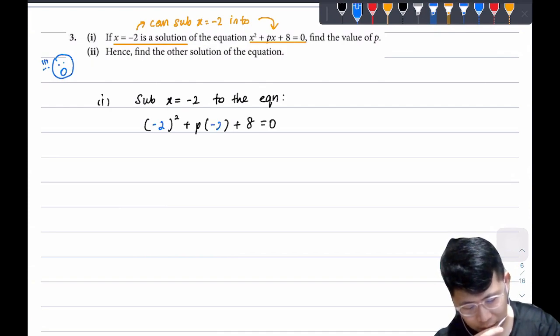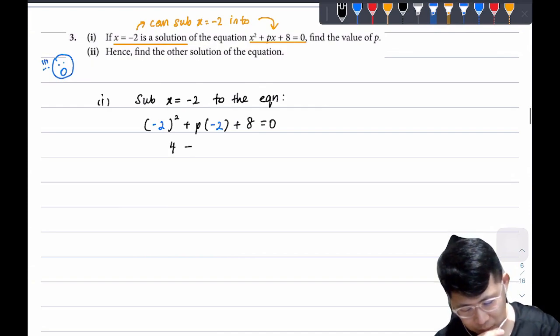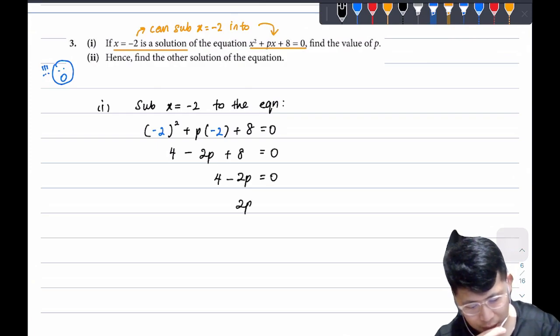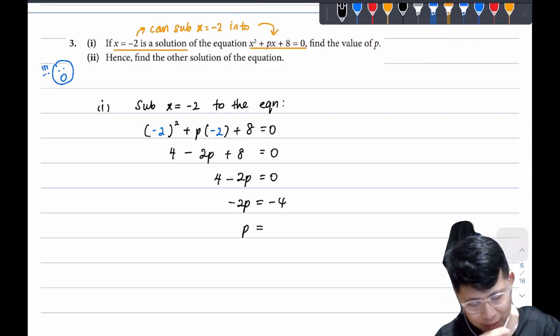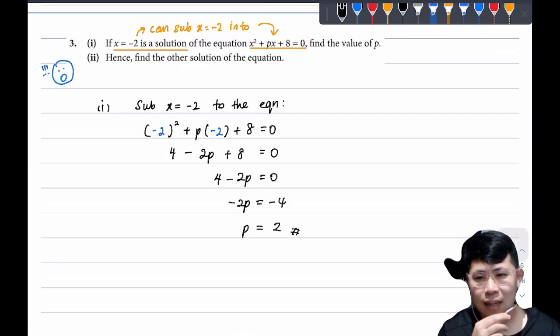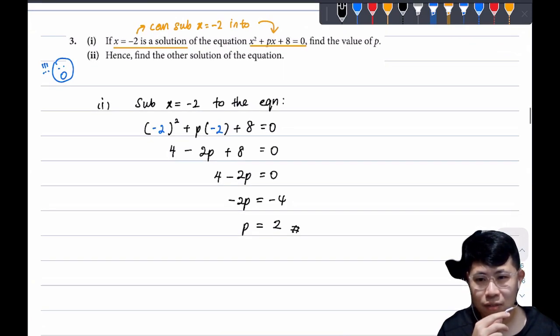Put in the negative 2 here. Negative 2 squared will be 4. p times negative 2 would be minus 2p, plus 8 is equal to 0. So 4 minus 2p equals 0. Let me do this slowly. So negative 2p is going to be equal to negative 4. When you divide by negative 4, p is equal to 2. So this is the answer to the first part.